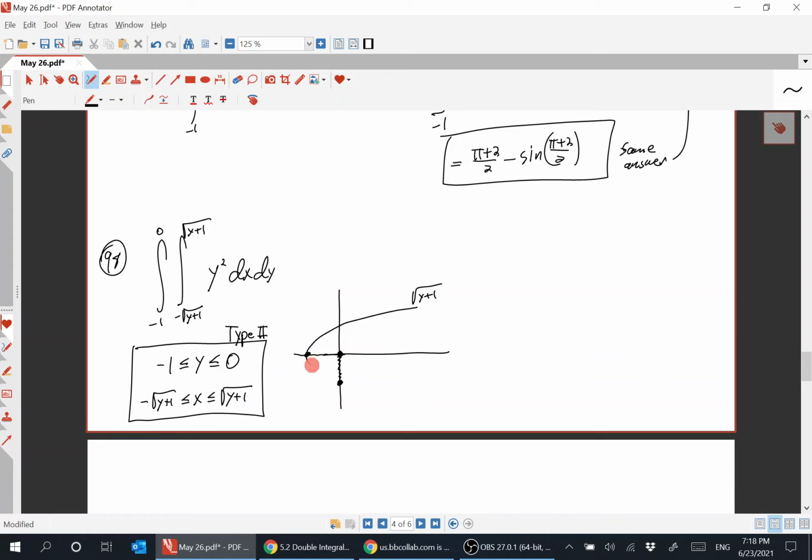And then the negative of square root y plus 1 is right here. Or no, I'm sorry. No, that's square root x plus 1. Square root y is right here. Square root y plus 1, you shift that guy down.